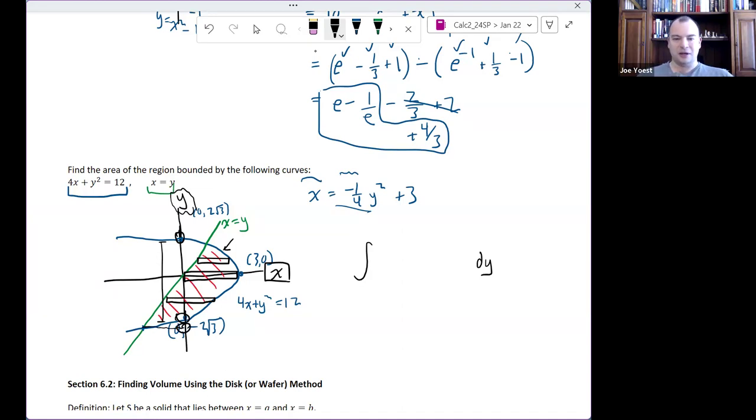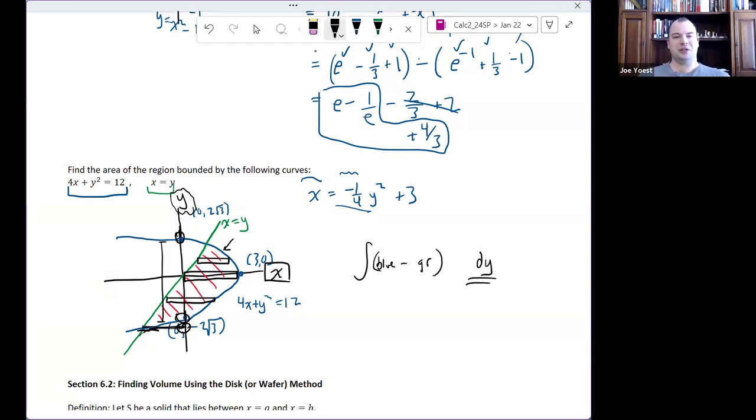This is my other bound of integration at this end of this region. But I see that the blue function is always the "top function." It's always associated with higher values of x. The green is always the "bottom function," associated with lower values of x. So can I integrate blue minus green dy?